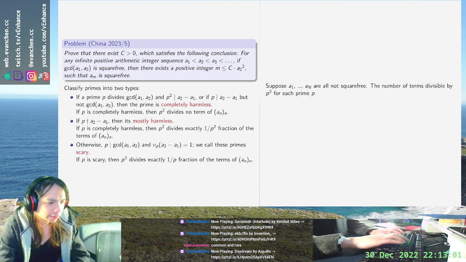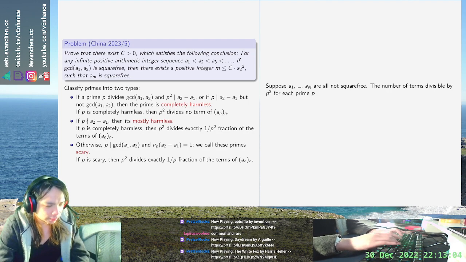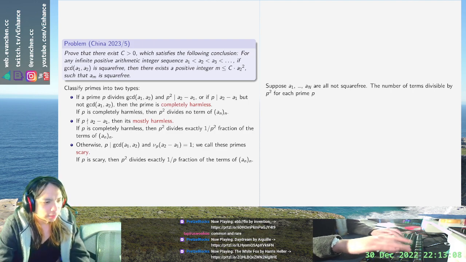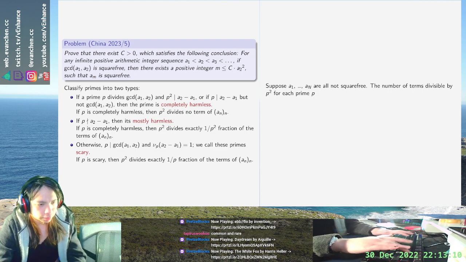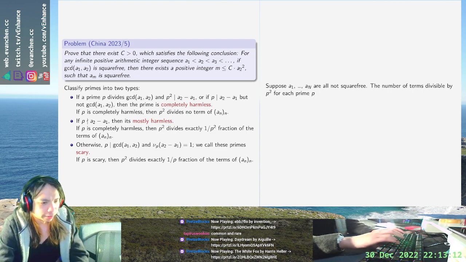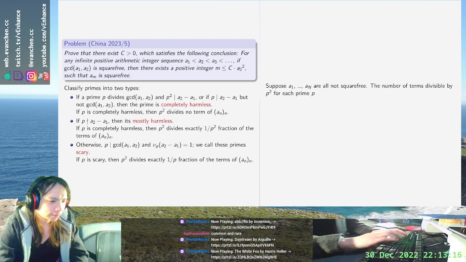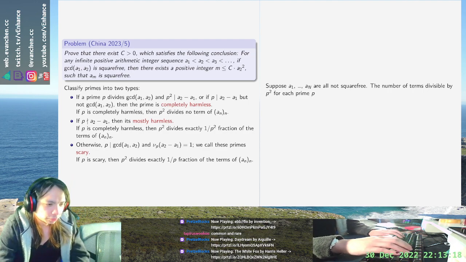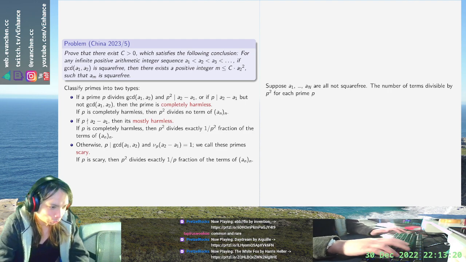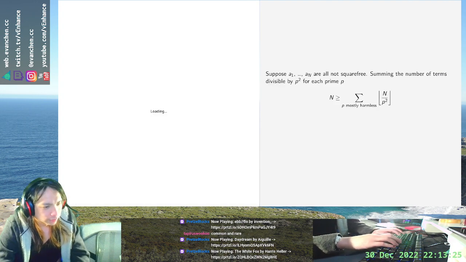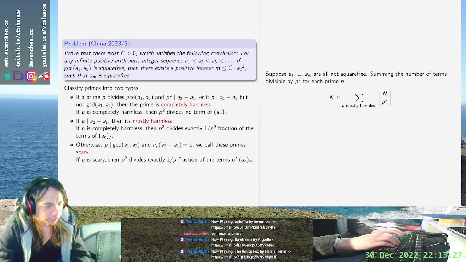So n is at least the sum across p mostly harmless of 1 over p squared. Or rather, oh god, alright. There's a reason this is China 5 and not China 4. It's because you have to do some actual work here. P scary.